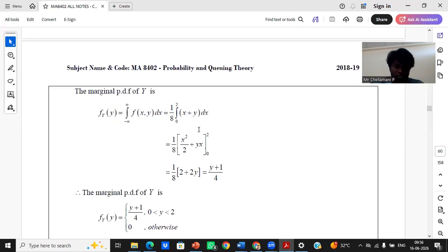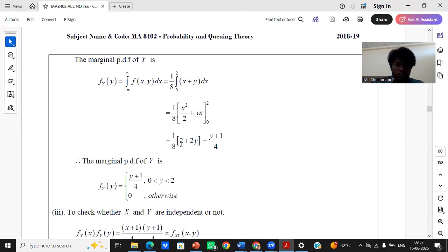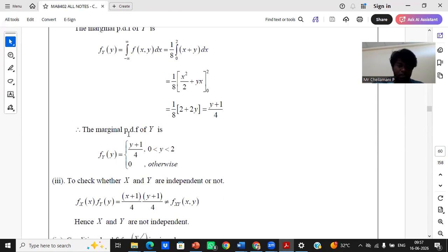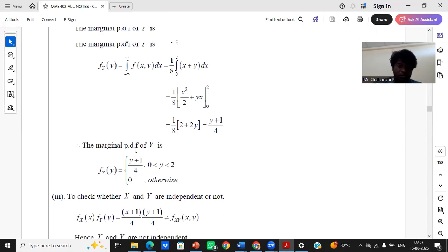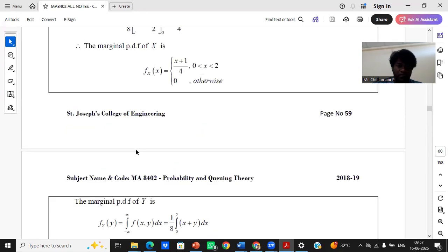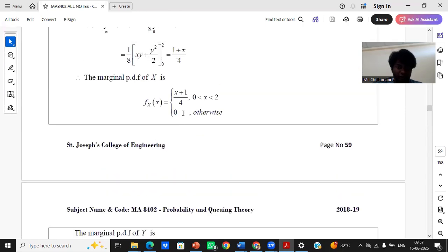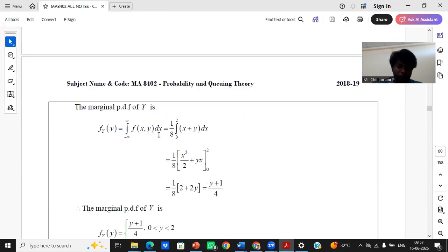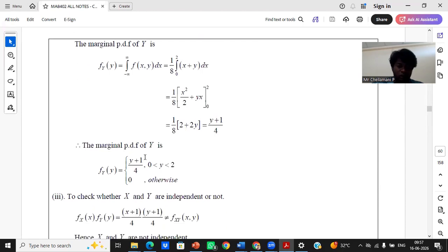Integrating with respect to dx, we get x squared by 2 plus yx. Substituting the upper and lower limits, we get 2 plus 2y, and simplifying this, we get y plus 1 by 4. Now the marginal PDF of y is y plus 1 by 4. Here f of x is x plus 1 by 4, and f of y is y plus 1 by 4.